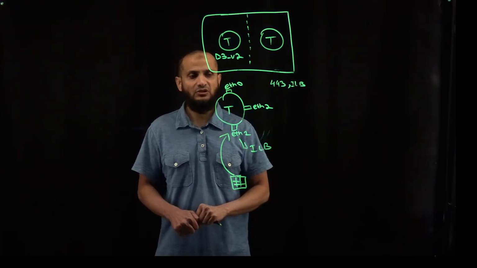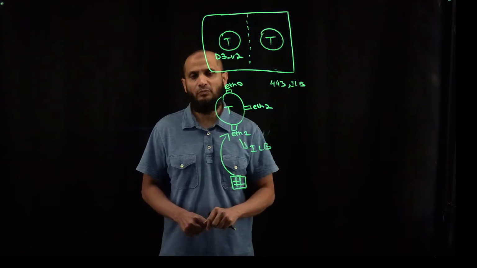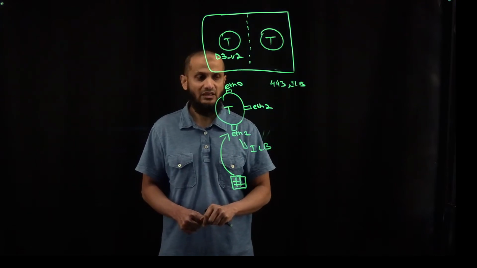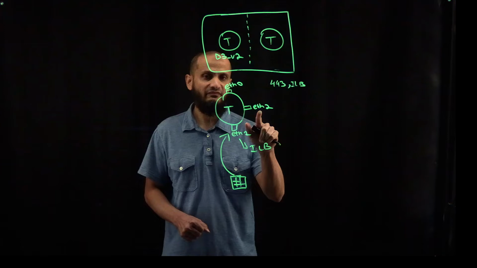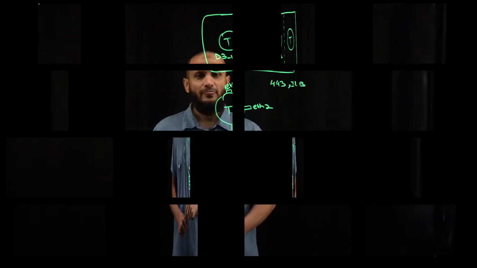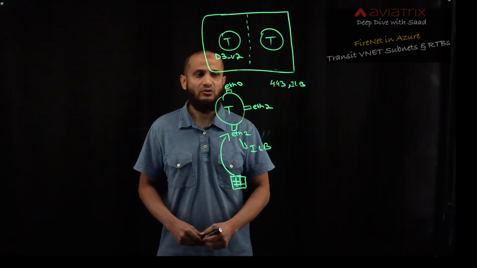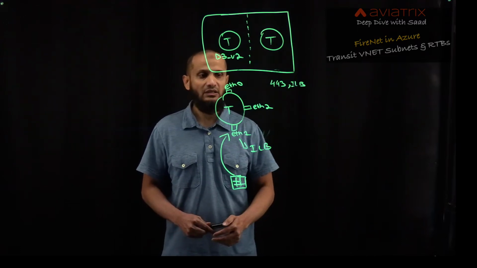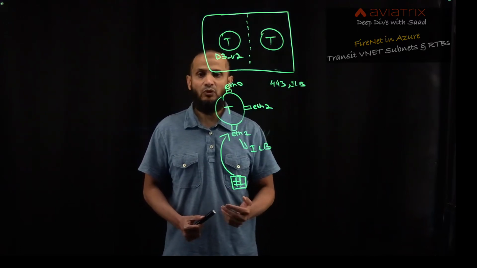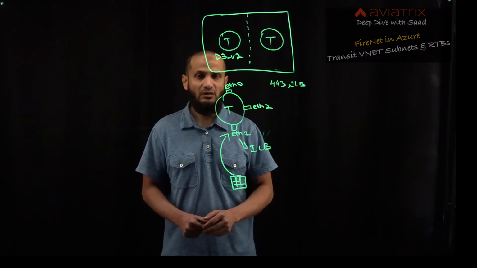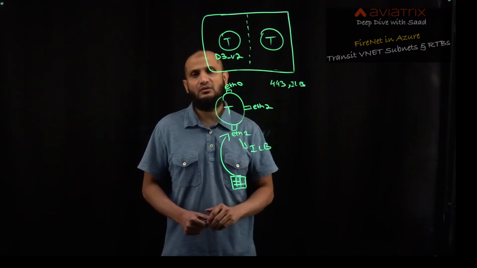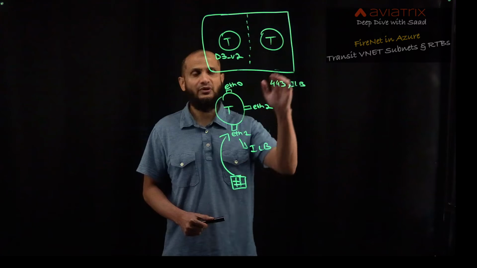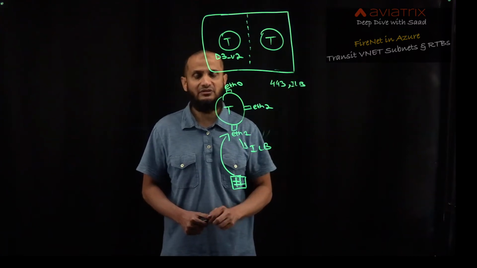ETH2 is a special interface. In most deployments, you basically don't need it. This is for native VNG integration. The Aviatrix platform ingests all the spoke VNets where your application resides, because most of the time the deployment is a brownfield deployment. But for the transit, we require you to create the transit VNet from the Aviatrix controller.